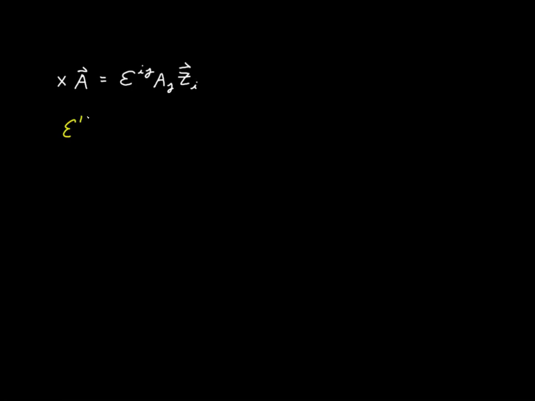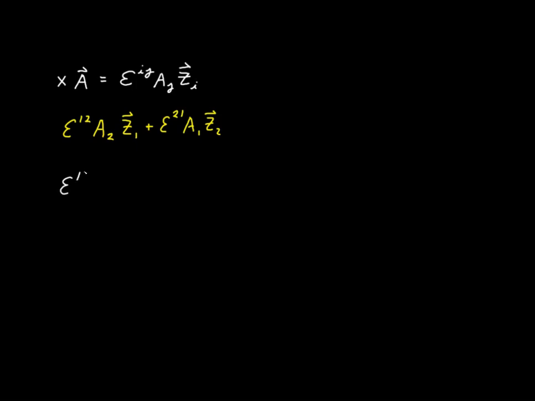We have epsilon 1,2 times a2 z1, and the next term would be epsilon 2,1 times a1 and z2. All right, now these are the only 2 non-zero values for epsilon in 2 dimensions. Any other combination would have duplicates, so they'd be zeros. Okay, so we'll analyze it further this way.